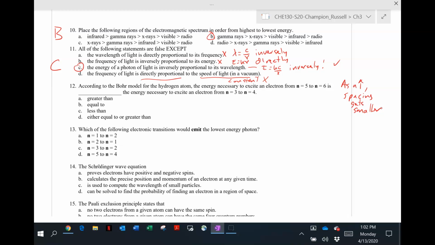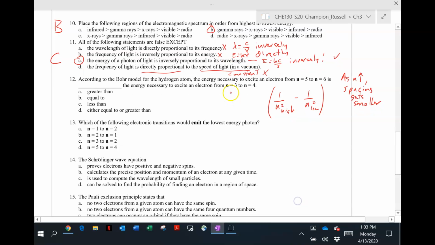You can also look at it quantitatively, the 1 over n high squared minus 1 over n low squared is our term that is proportional to the energy change. So if you compared 1 over 9 minus 1 over 16, versus 1 over 25 minus 1 over 36, and you plug this in your calculator, you'd find that the 5 to 6 one is smaller.